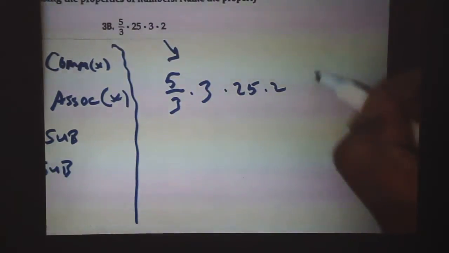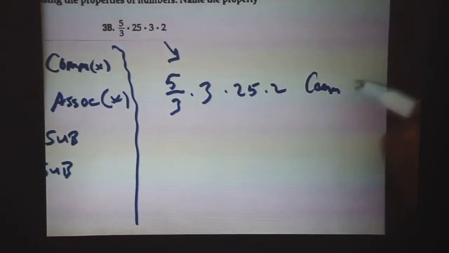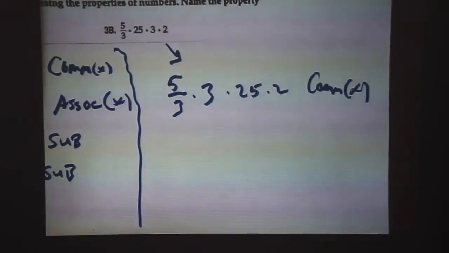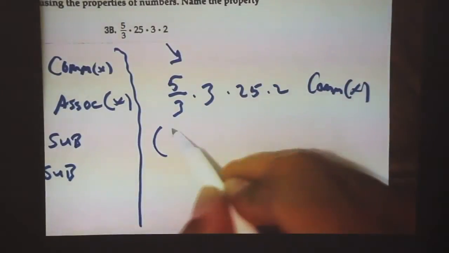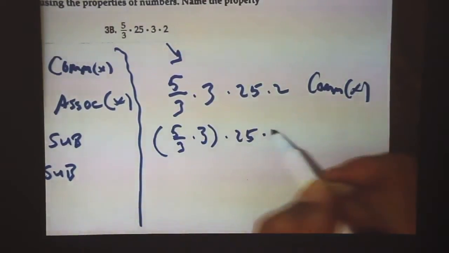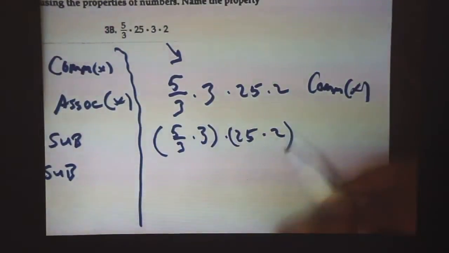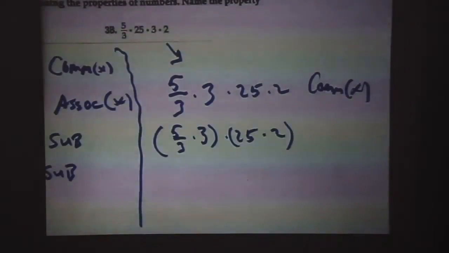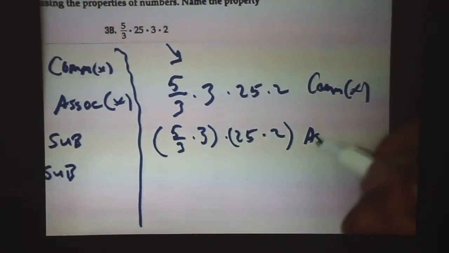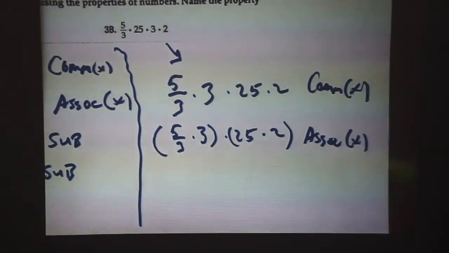And again, that allows me to do that because of the commutative property of multiplication. And then I'm going to group those together. 5/3 times 3 times 25 times 2. And you know what? I'm going to pair those together as well, like this. And that allows me to do that because of the associative property of multiplication.